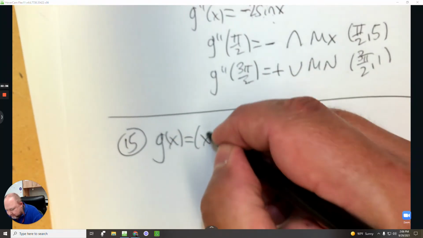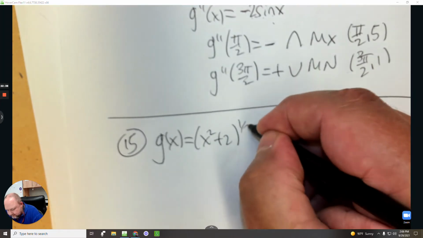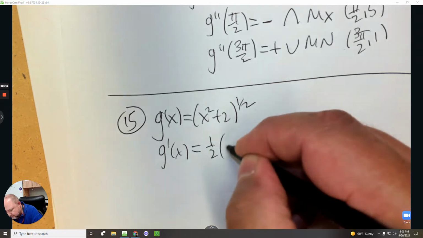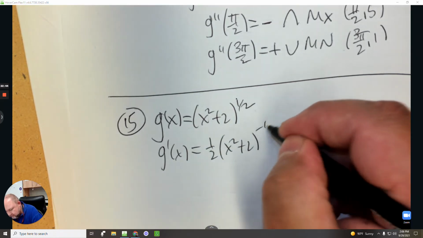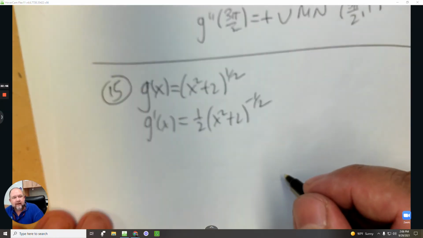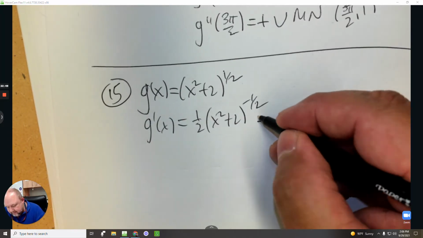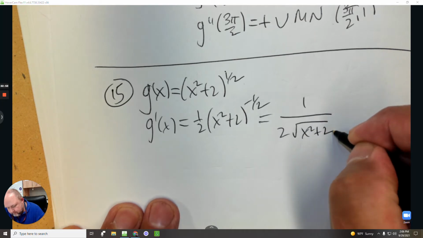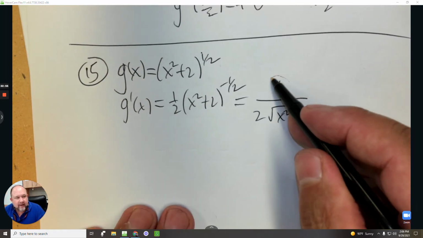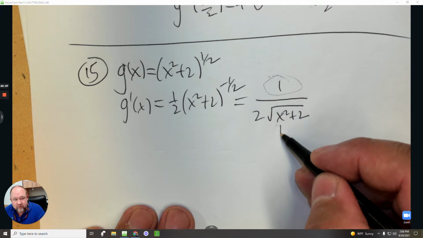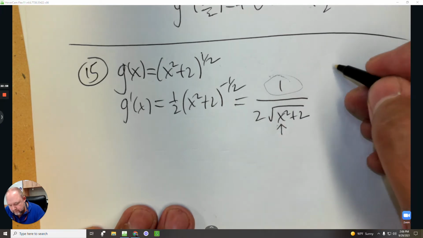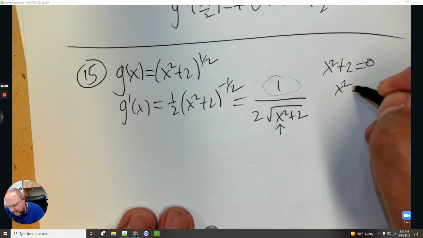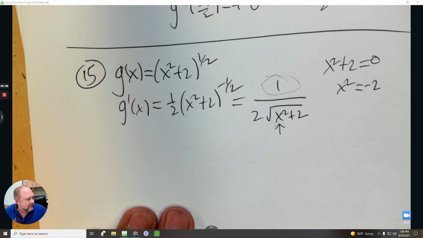We're going to make it calculus friendly right away. Take the first derivative. And I want you to notice that if I make this calculus friendly, there's nothing that makes it 0, but there are 2 answers that make this 0. So if I take x squared plus 2 equal to 0 and solve it, well, there's nothing there, is there?